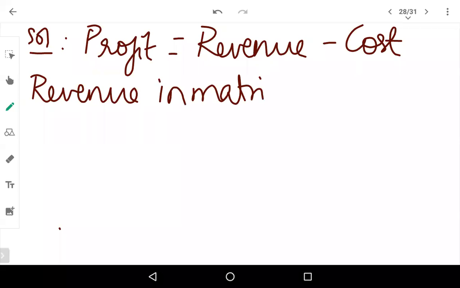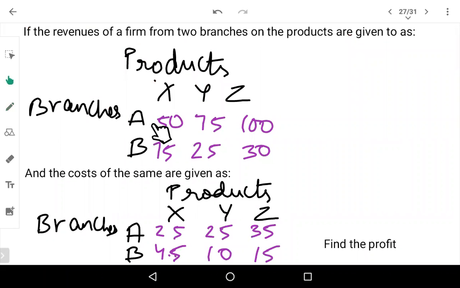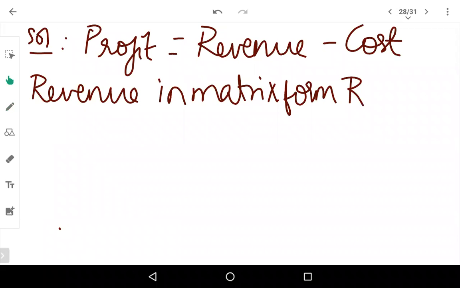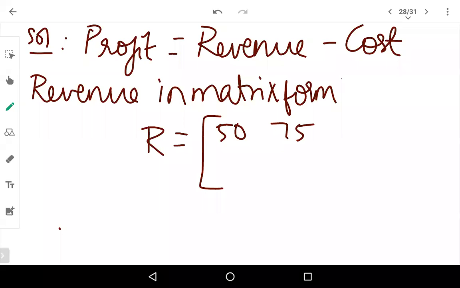So I will represent the revenue in the matrix form as R, capital R. Don't use small letters. Okay. And take all of these numbers 50, 75, 100, 75, 25, 30 as one matrix. So R is equal to 50, 75, 100, 75, 25, 30.